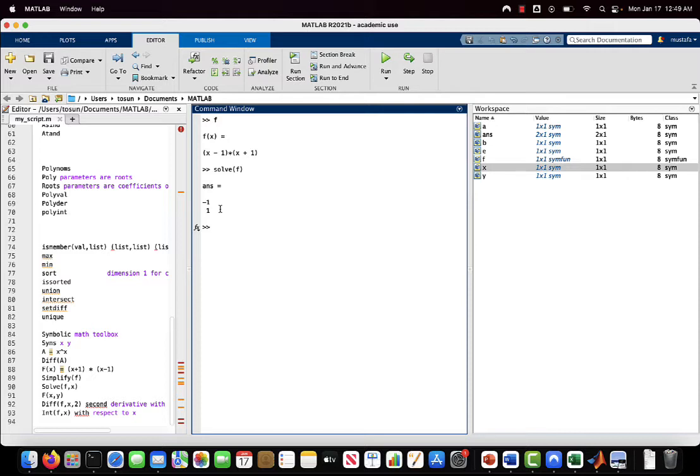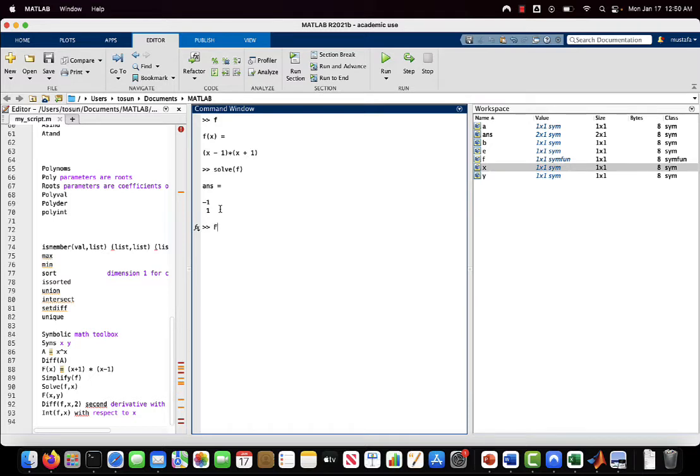If you notice, it's similar to polynomials in Matlab, but a little bit different. In polynomials, you can only use polynomial terms, which are x squared, x cubed, x to the fourth, or a constant.